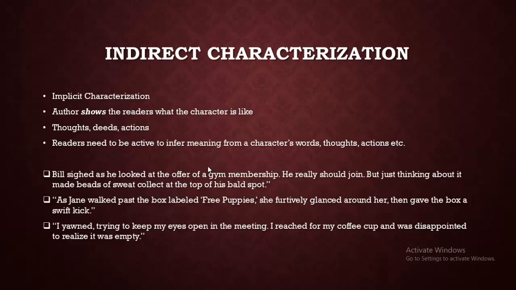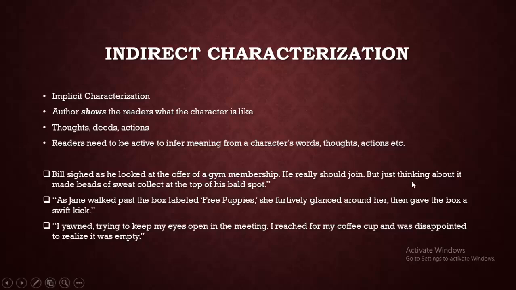He was feeling sad about it. So the meaning that he was feeling sad is derived by us in this example. The writer has not said here that he was feeling sad. He has presented an action of the character, and we have got a meaning from it.